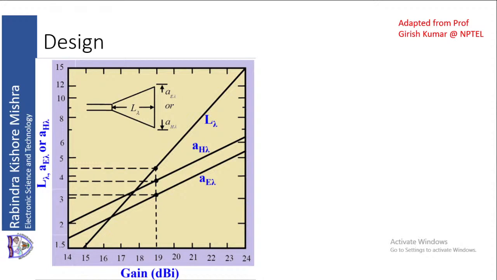Where it meets AE, whatever length you get is the AE length. Where it meets L, wherever it meets the y-axis is the length of the antenna. Then wherever it meets AH, that is the AH length. So once the gain is specified, it is quite easy to design the antenna aperture and length.